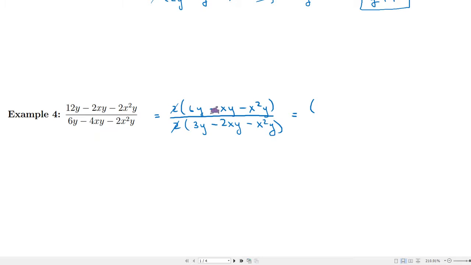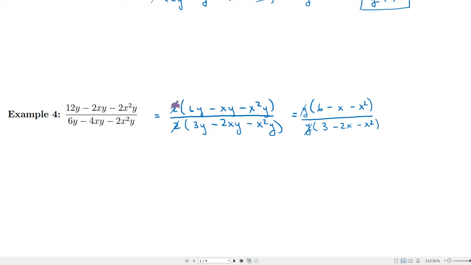So some strategy is to just factor out that constant, but we also have this common factor of a y. So let's factor that out as well. So we have a y, and then we're left with 6 minus x squared. And in the denominator, we also have that common factor of y. So we would be left with 3 minus 2x minus x squared.